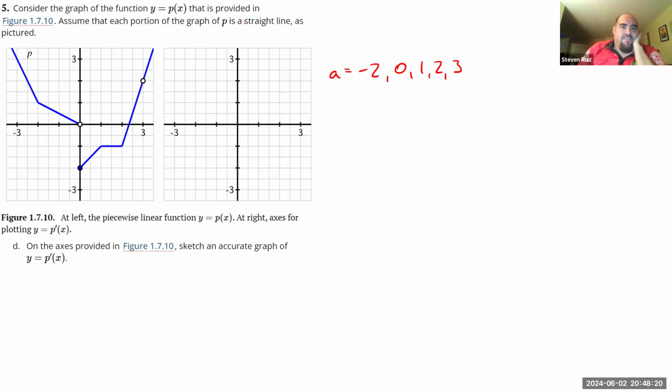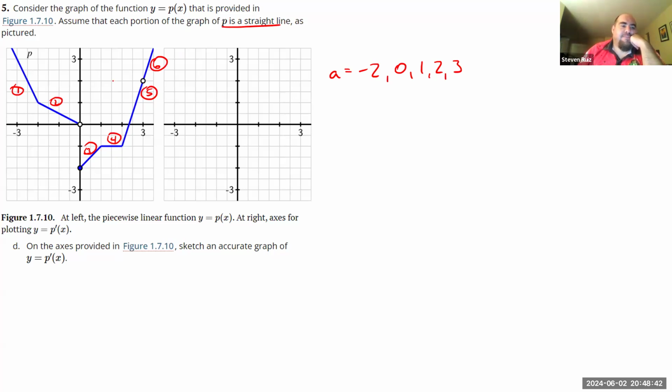One thing we're also told is that every piece of this graph is a straight line. So how many straight lines are there? I think I have 1, 2, 3, 4, 5. Actually, I'll break that into before and after the discontinuity. So I have 6 different derivatives to find.